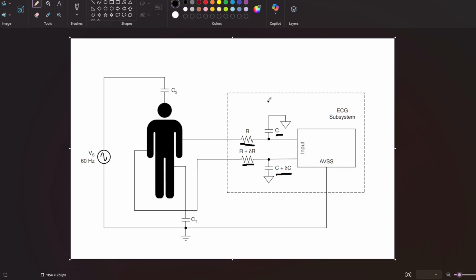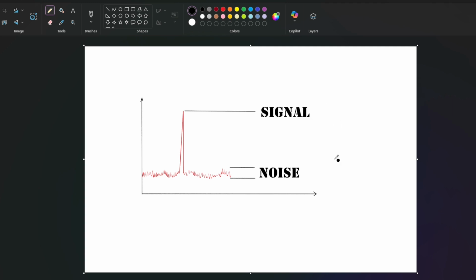For example, instead of having the same voltage of noise on both electrodes, we may have 0.99 V of noise on one electrode and 0.98 V on the other electrode. The amplifier now sees a difference of 10 mV. The common mode interference has been converted into a differential signal. And once the noise becomes differential, the amplifier cannot distinguish it from real biological signal.